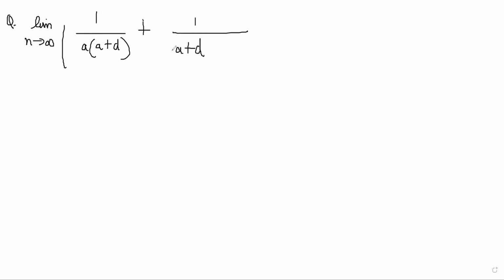Then the next one is limit of n tends to infinity of 1 by a plus d plus 1 by a plus d into a plus 2d and so on till n terms.